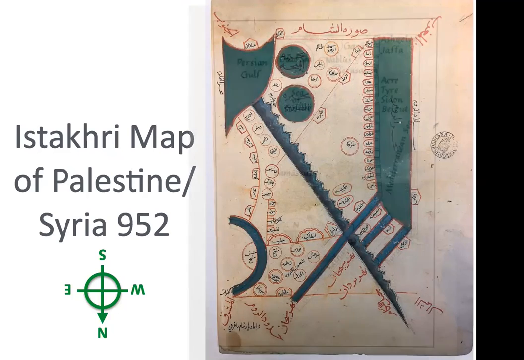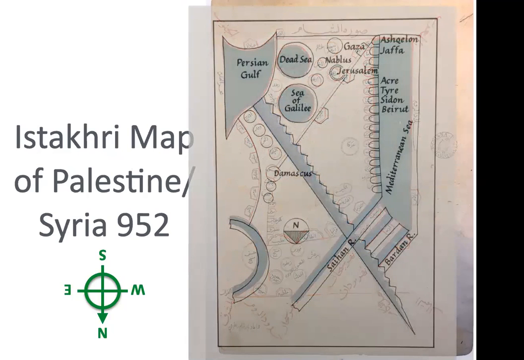If I do this, you should get a nice translation of it, and you can see that this is the translation of the area that we're looking at, which is the Palestine area. And you can see Jerusalem there, and then further north, further south, but at the top of the map would have been where Mecca is.